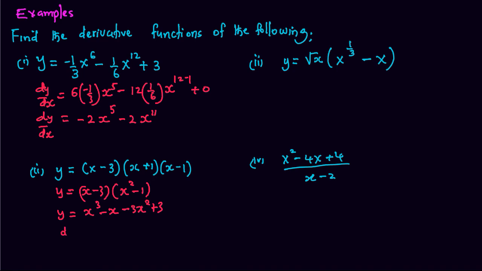So dy over dx, therefore, will be 3x squared minus 1 minus 6x plus 0, as the derivative function, also written y prime.